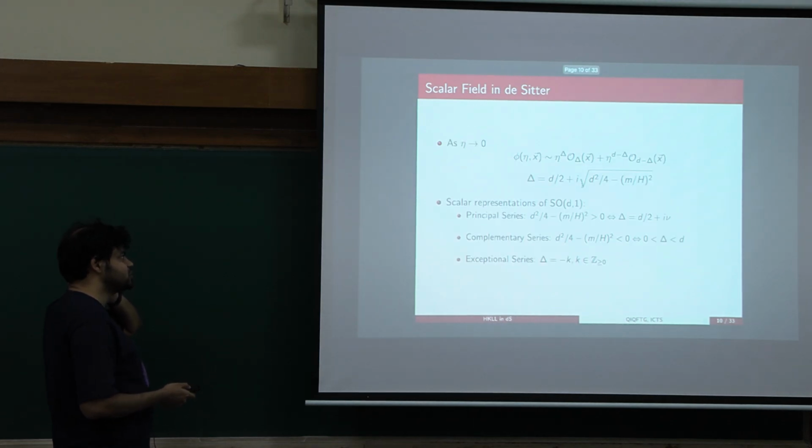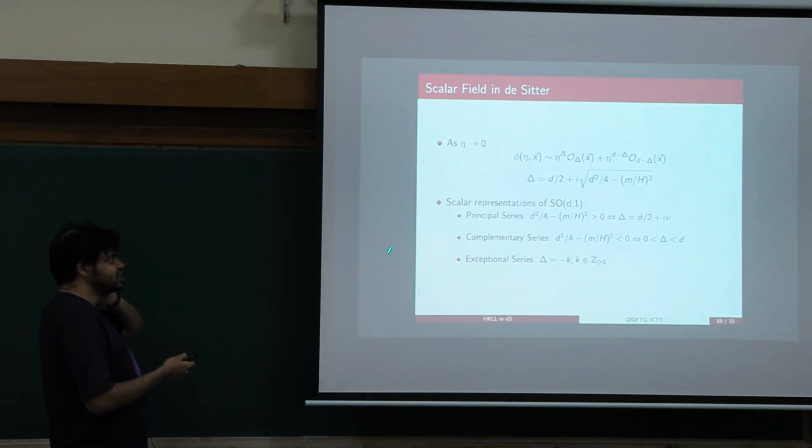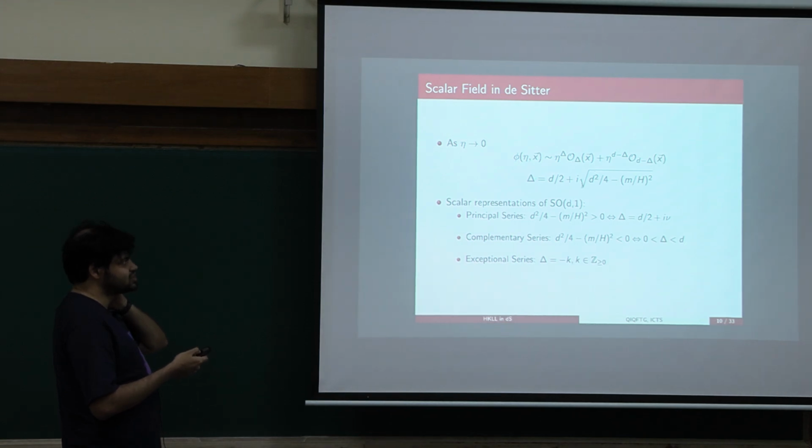Okay, so now let's consider a little bit about dS. If I take a bulk field in de Sitter, let's take a scalar field, and look at how it behaves near the boundary. This kind of falloff is similar to AdS, except that instead of z you have eta, which is time.